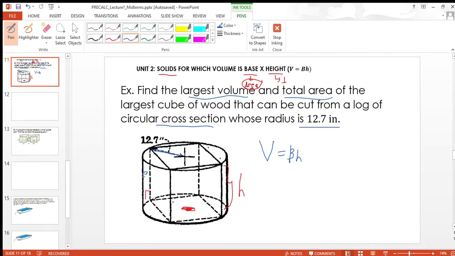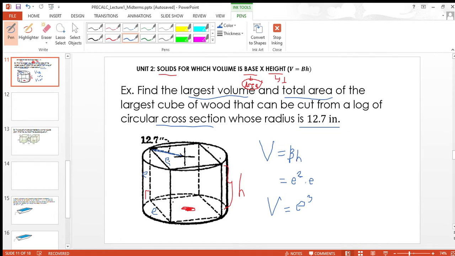So this is an edge E, this is an edge E, this is also an edge E. So the lengths are the same. Therefore, the area of the base is E squared, that's a square, and then the height apparently is also equal to E. Okay, because the volume of a cube is E cubed. But how do we now get the value of E?